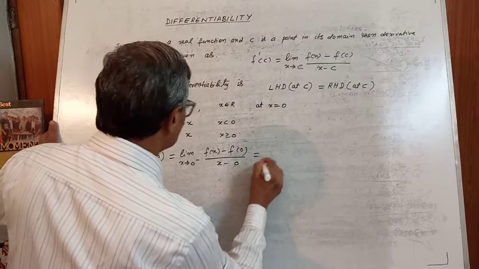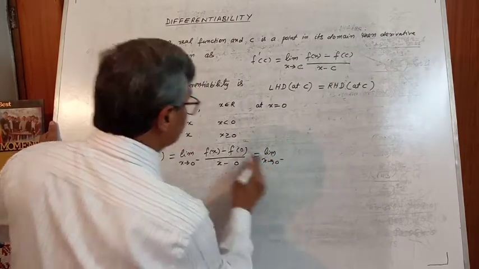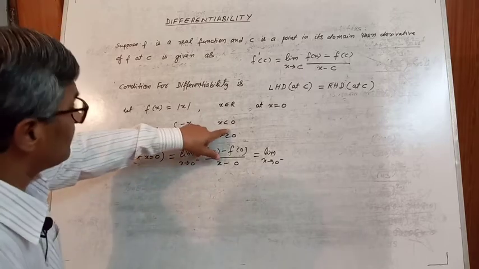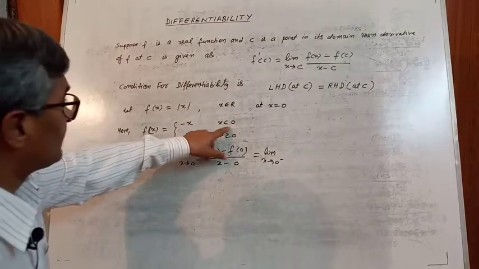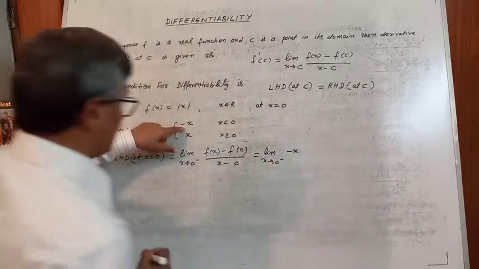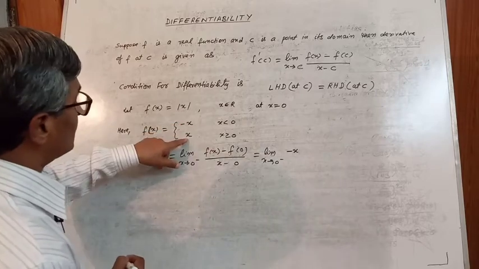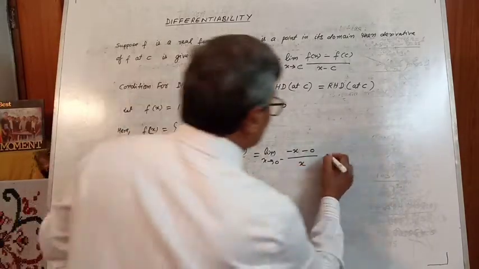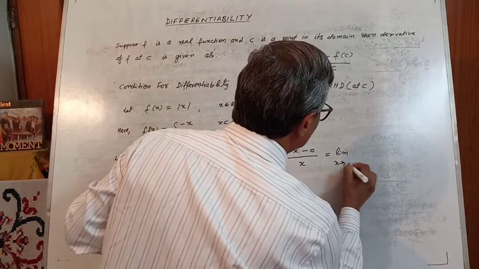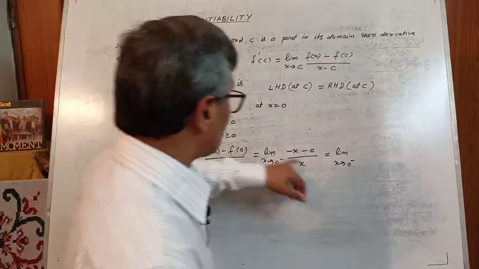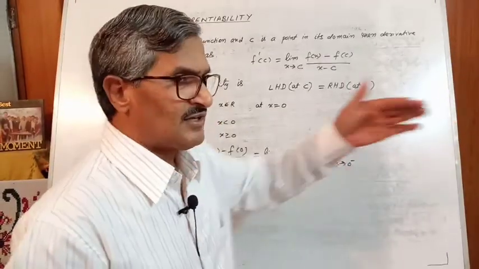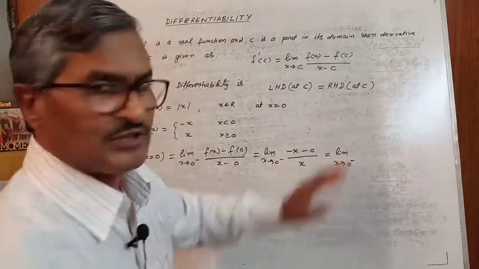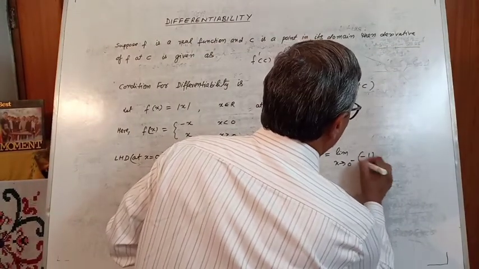Left of 0, f(x) is minus x, and f(0) is 0, so we get minus x divided by x minus 0, meaning x. This gives the limit as x tends to 0 minus of minus 1, because this is a constant function.